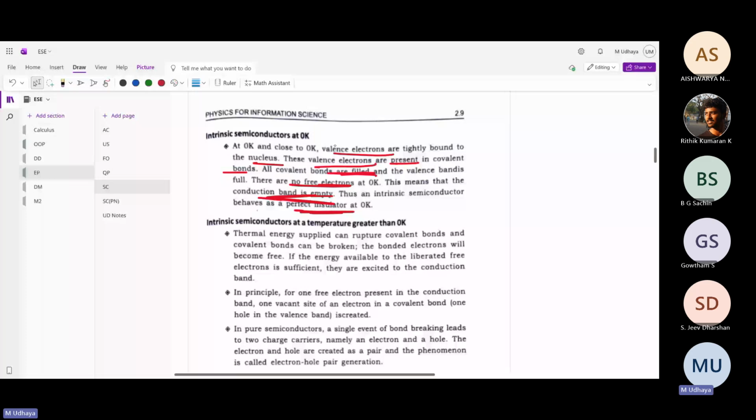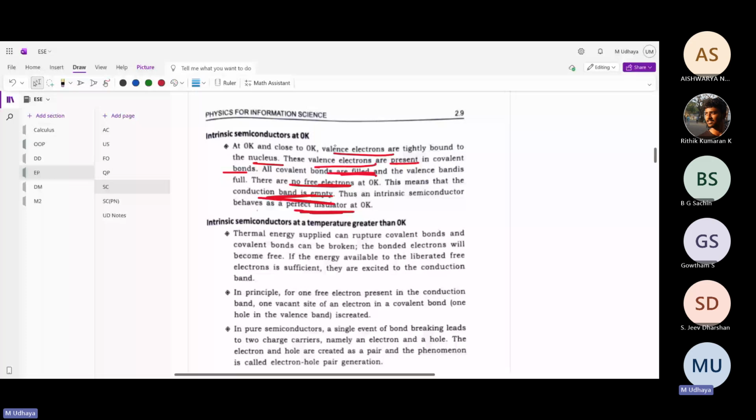If the temperature is greater than 0 Kelvin, you are giving some energy in such a way that you can break the covalent bond. If the covalent bond is broken, the electron pairs that were initially stabilized can be freed.